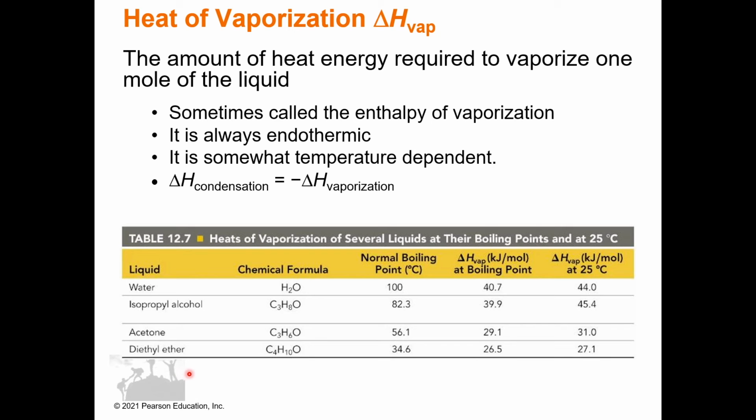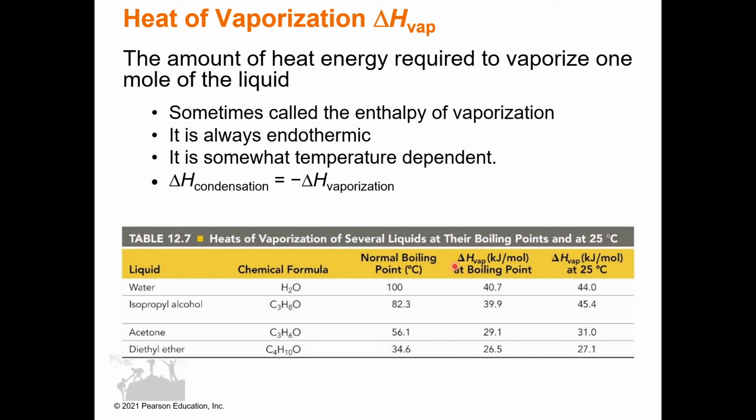Here we have 4 different liquids, and just by looking at the boiling points for these liquids, we could tell which one would have the stronger intermolecular forces. And that's going to be water, because it has the highest boiling point in the bunch. The diethyl ether, we've seen this before, this diethyl ether only has dispersion forces, so it's going to have the lowest boiling point in the group.